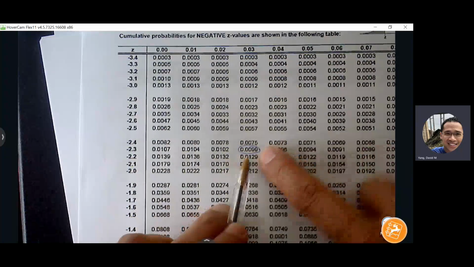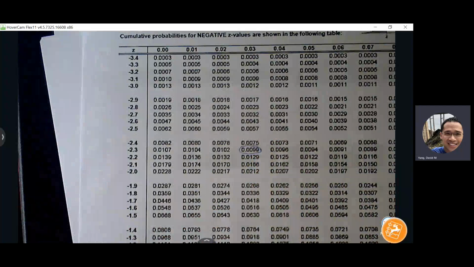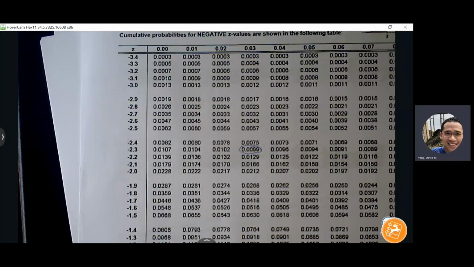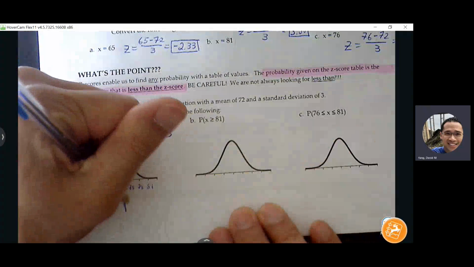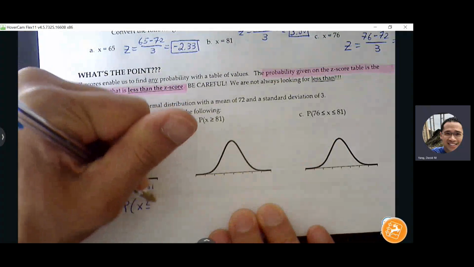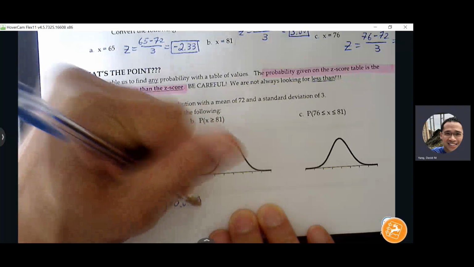Okay, so 0.0099. Whatever they give you is always going to be the probability. So the probability is 0.0099. Go back to page 21. So my probability for x less than or equal to 65 is 0.0099.